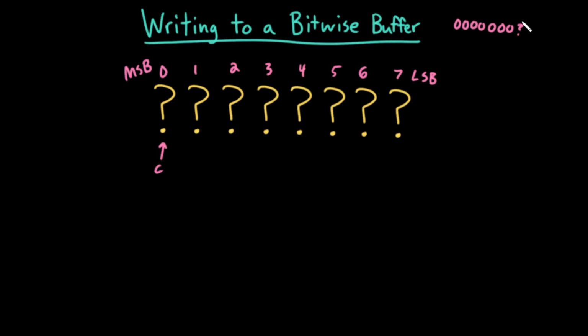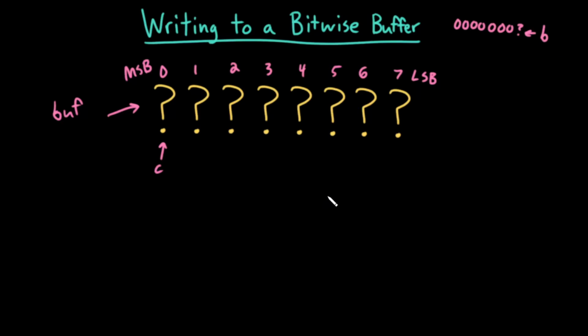Well, first thing is that I have to move this over from the rightmost slot to the leftmost slot. So let's say this is, let's call this B, and let's call this buff. So what do I have to do?